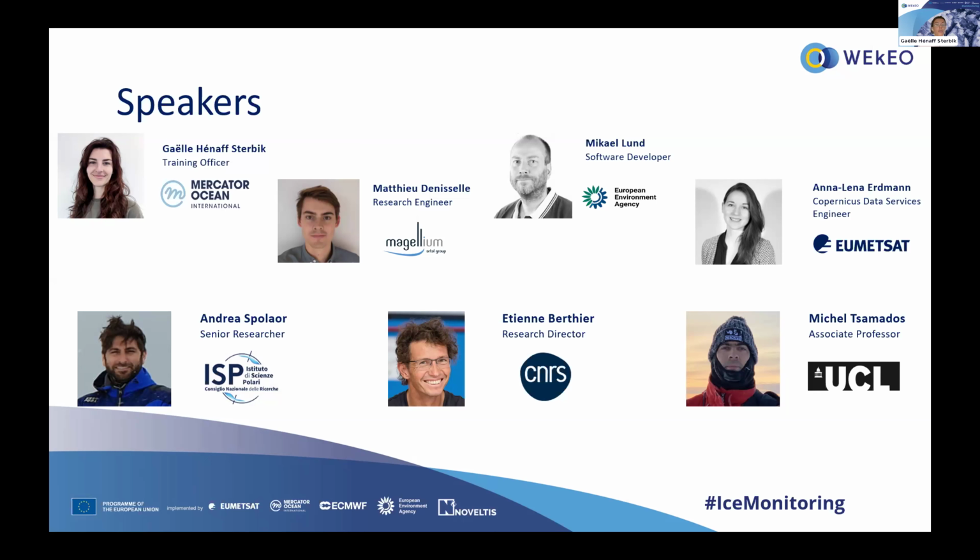And then we will have a QGIS plugin presentation by Michael Lund from the European Environment Agency. After that, we will have Annalena Erdmann from EUMETSAT. She will present to us some WEkEO tools, so the Graphic Processing Unit and Earthkit, which is an open source Python development led by ECMWF for speeding up weather and climate science workflow.